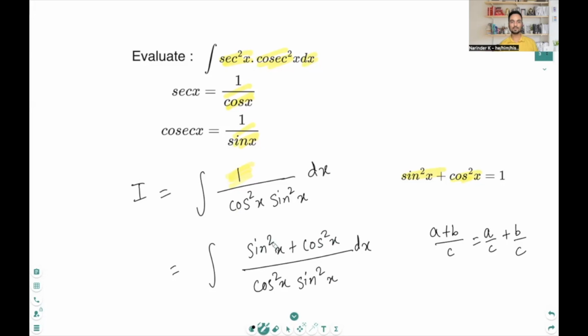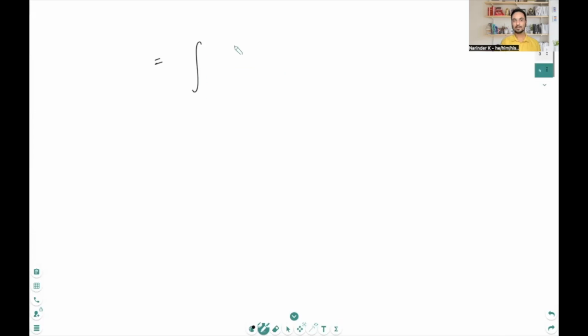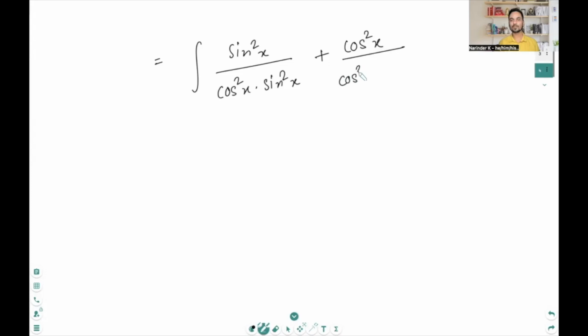So we can split these two terms as sin²x divided by cos²x times sin²x plus cos²x divided by cos²x times sin²x dx. Now, we can cancel out sin²x here and cos²x here.